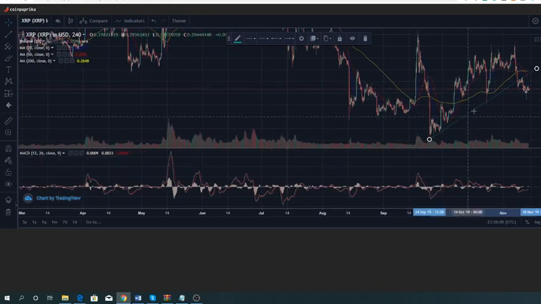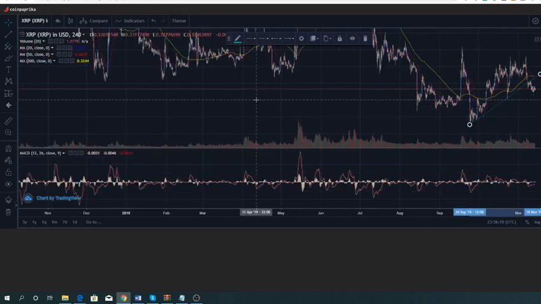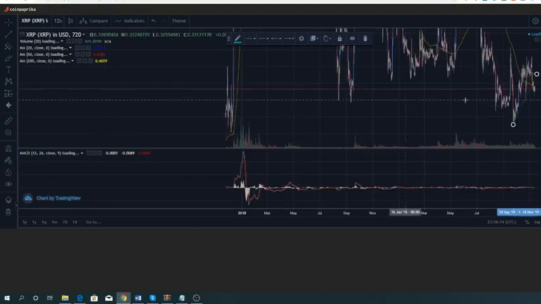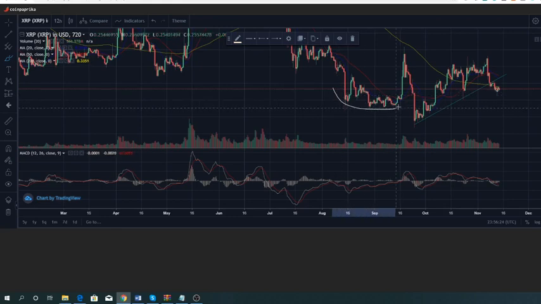Now if we look at it in a bit zoomed out way, then we can see that in a longer time frame, it is making a different pattern. More or less a similar pattern, I will say, like that of the 1 hour chart. You can look at this like this. It is forming this, or you can make it like this.